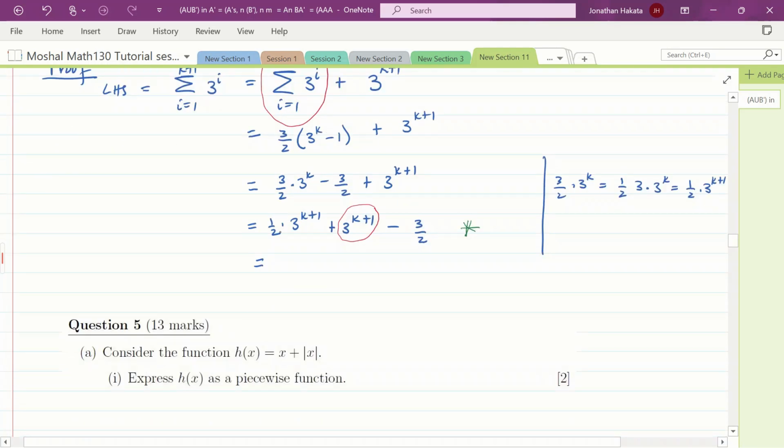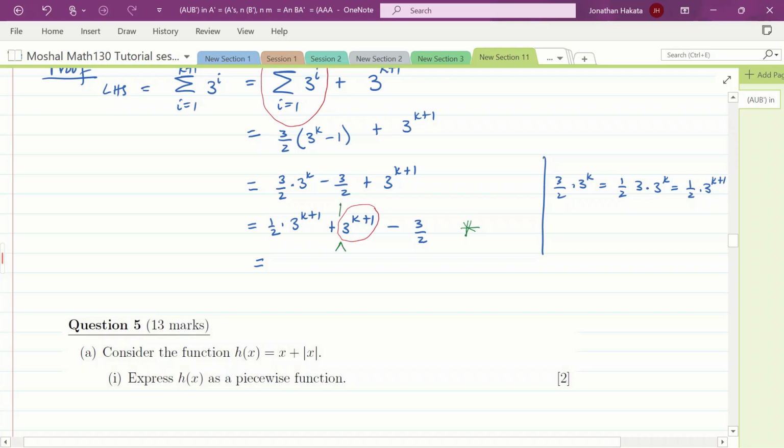So I want to generate a 3 over 2 here. Look, there is a coefficient in front of this number.